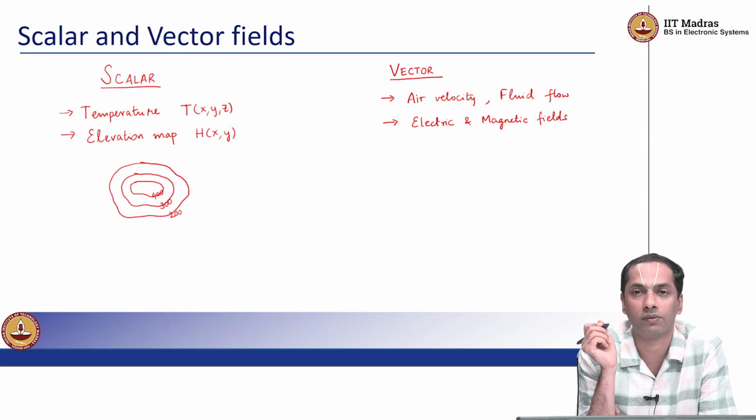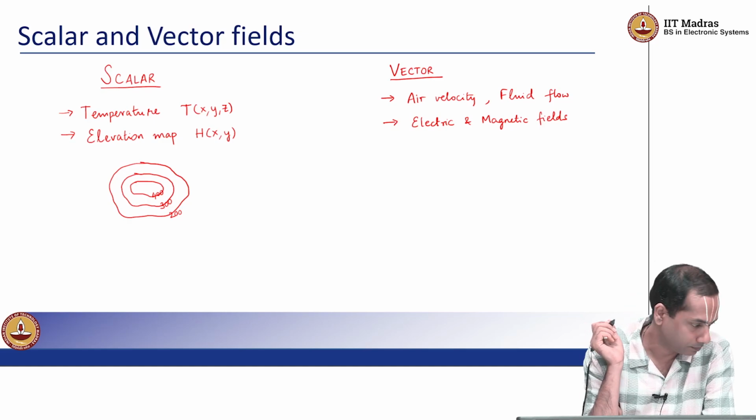So electric and magnetic fields are but the representation wherein I would require both the specification of a magnitude and a direction for every point in space, okay.